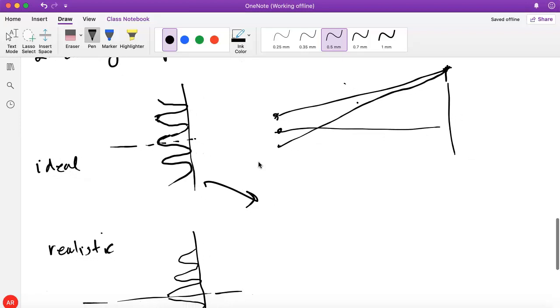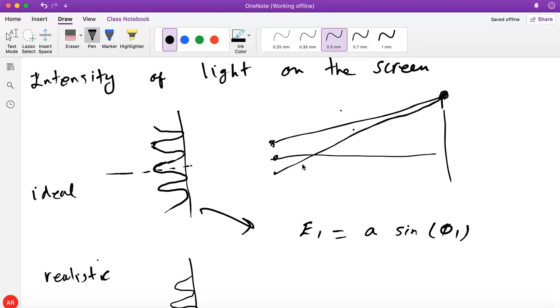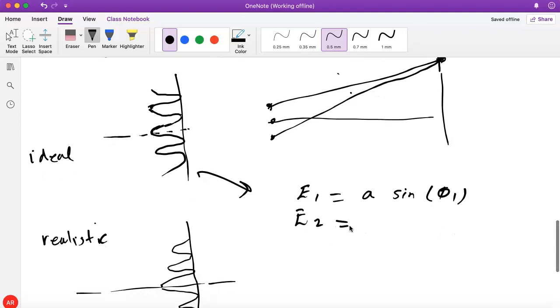So let's say we have E1 is A sine phi 1, right? We're thinking about one point, and there's some phase for the light reaching that point from source 1. There's some phase for the light reaching that point from source 2, and we're assuming the amplitude is the same, making this idealized approximation.